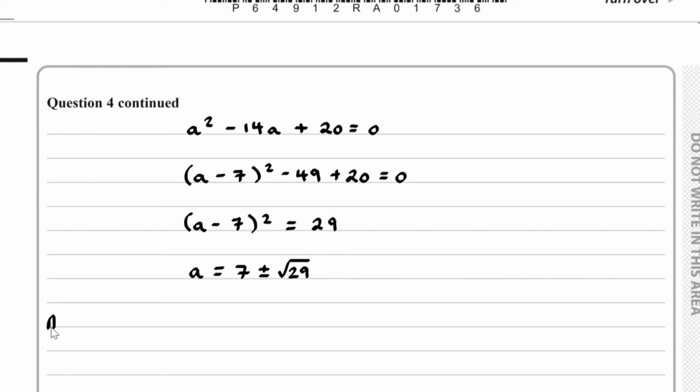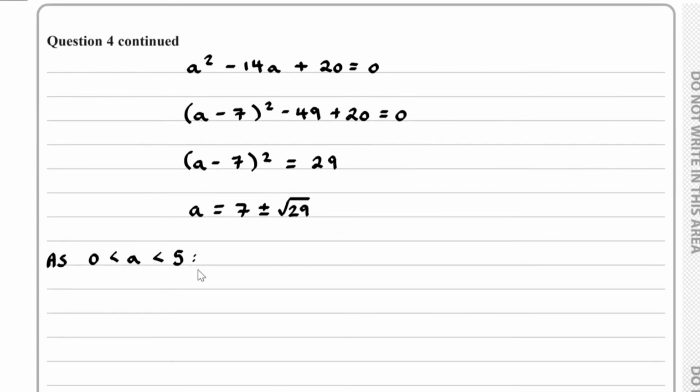And as a is in between 0 and 5, and also root 29 is less than 7, we can therefore conclude a is equal to 7 subtract root 29.